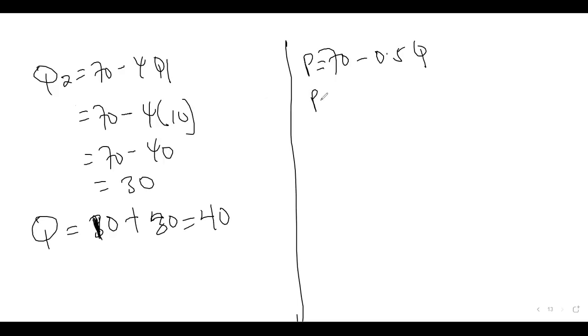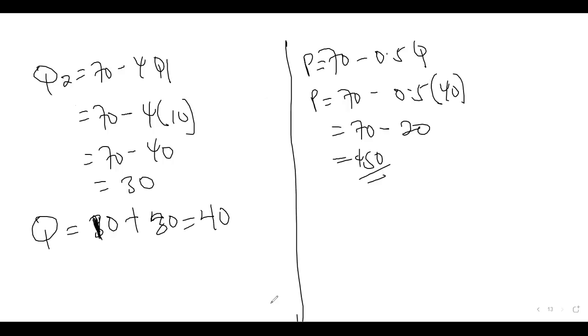So the final price will be 70 minus 0.5 into bracket 40. That will be 70 minus 0.5 times 40, which I think is 20, right? Yeah. The final price will be 50 cedis.